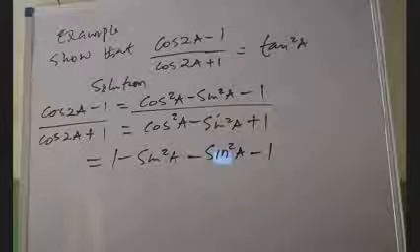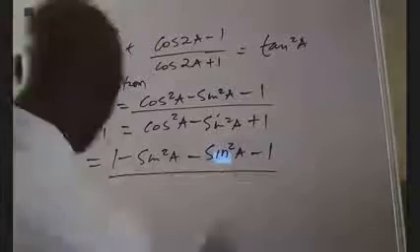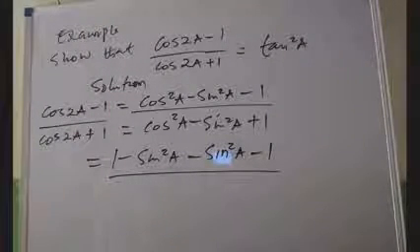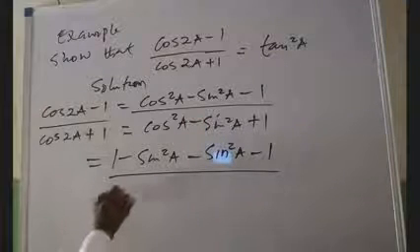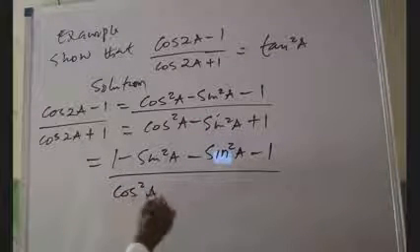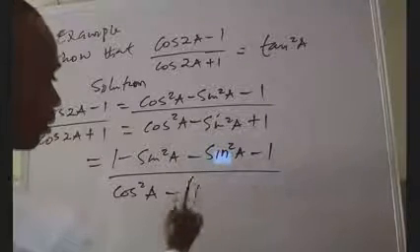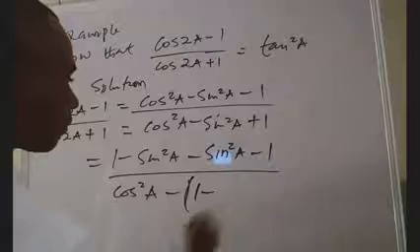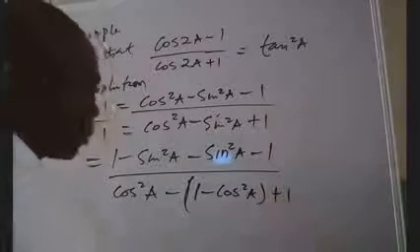In the same way, where I have sine square a in the denominator, I change it to 1 minus cos square a, so we have cos square a minus (1 minus cos square a), plus 1.